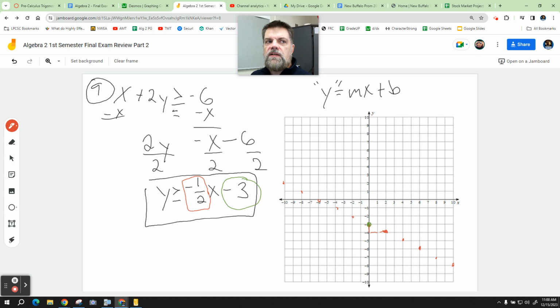What do you guys think? Solid. Why do you say that? Because I got an equal sign, so that means it's going to be a solid line.